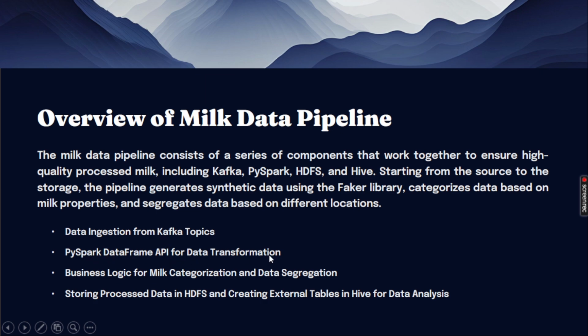During this transformation, some business logic is created like milk categorization and data segregation. After the business logic, we get the processed data. This processed data is now stored in HDFS, and for the data analysis we use Hive.